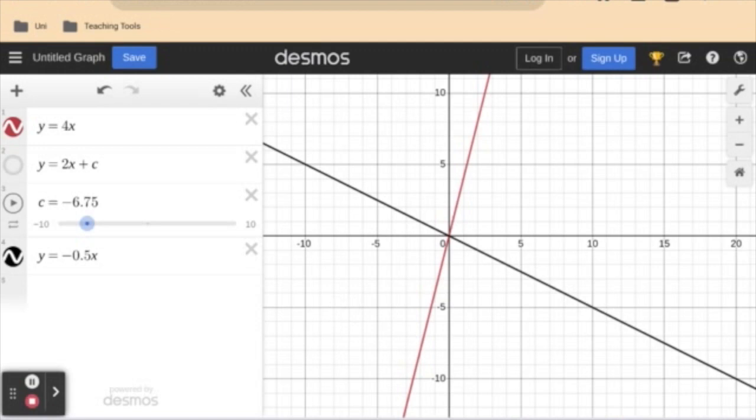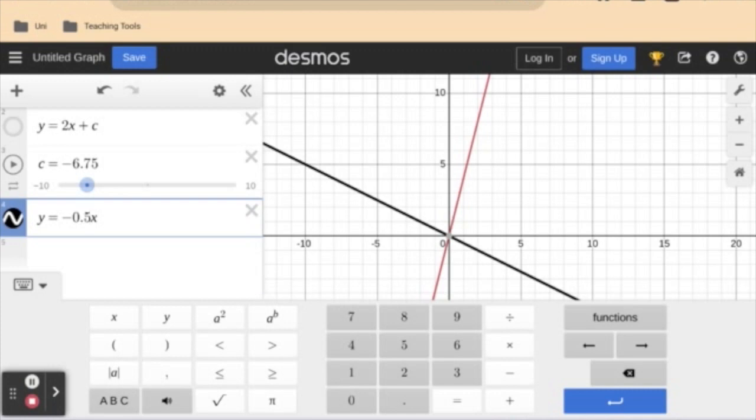And we can see now my negative a half doesn't really cut it anymore. I need to make the slope even more gentle. As this red line gets steeper, my other line has to get gentler. It has to balance this thing out.